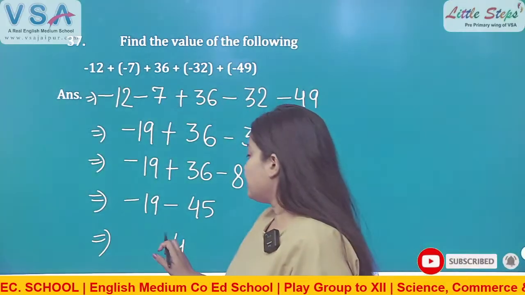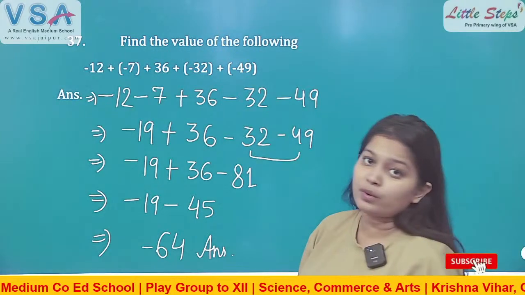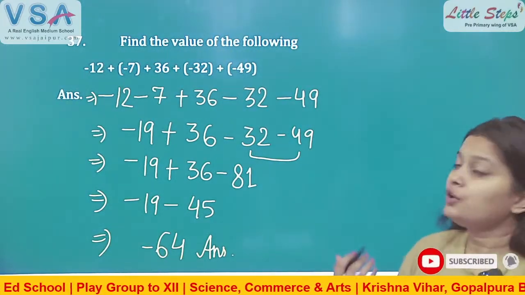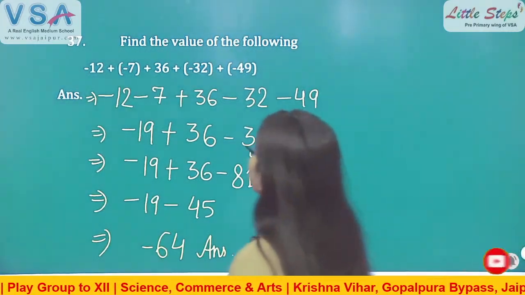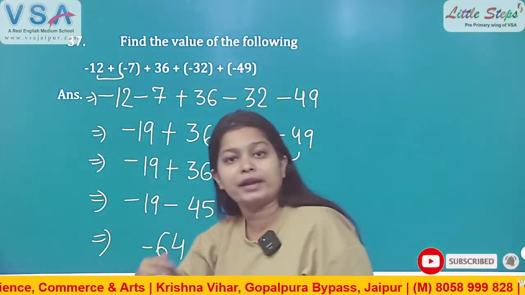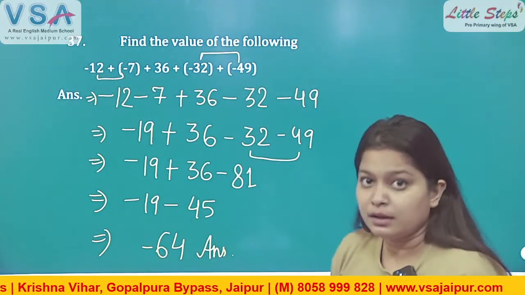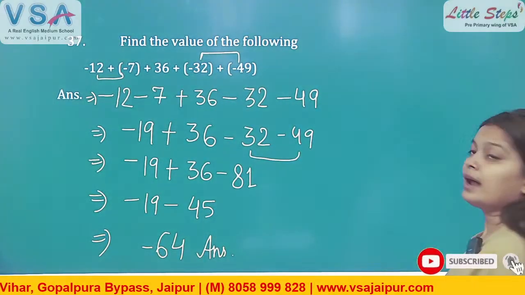This is 64. Minus 64 is the answer. You can do this question by yourself in your own style. If you feel like adding both the numbers from the starting, you can add them. Or if you feel like adding from the last digits, you can add them as well.